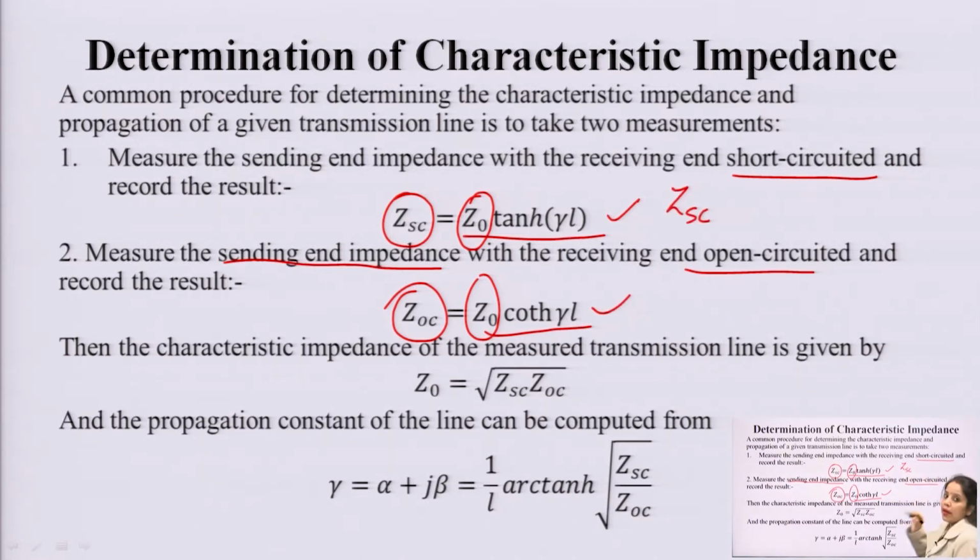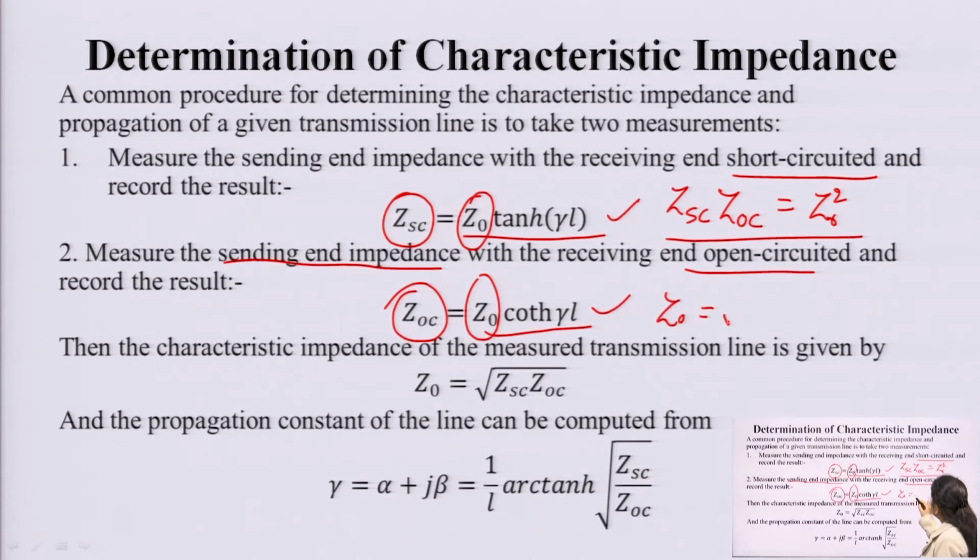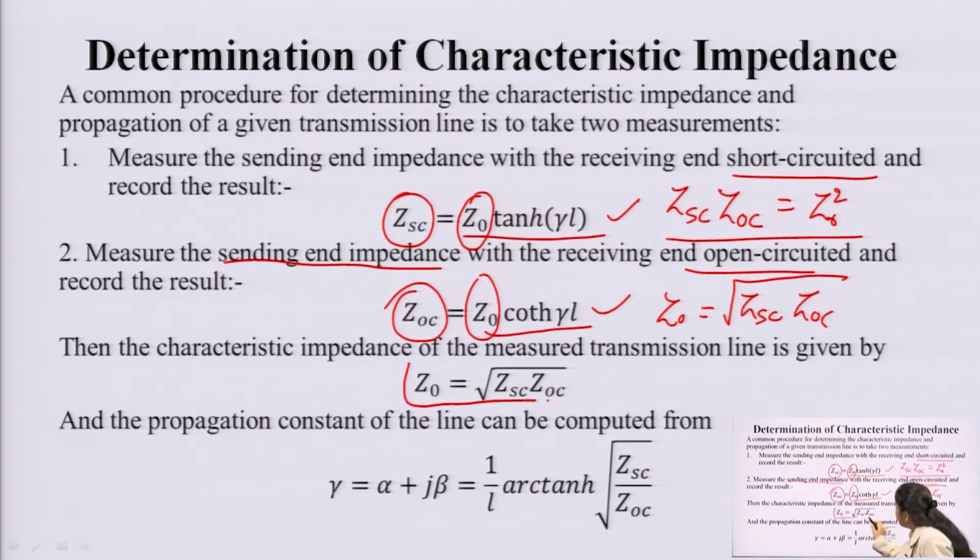ZSC, that is short circuit impedance, times ZOC, open circuit impedance, is equal to Z naught square, and tan H gamma L is always the inverse of cot H gamma L. So, these two expressions will get cancelled and we will have ZSC into ZOC is equal to Z naught square. So, Z naught is equal to under root ZSC ZOC. This is what we are getting.